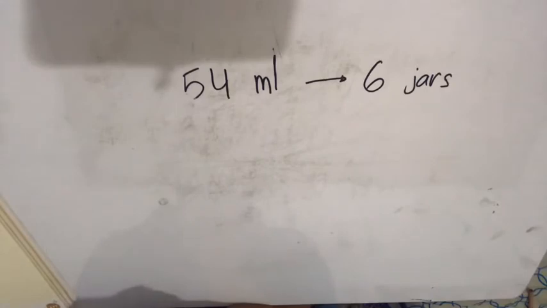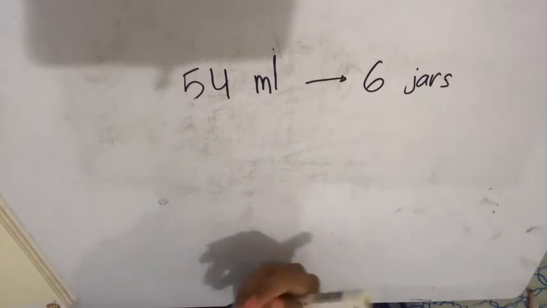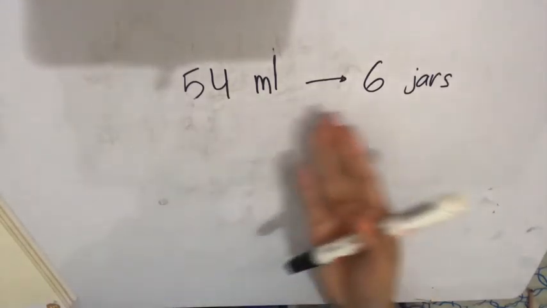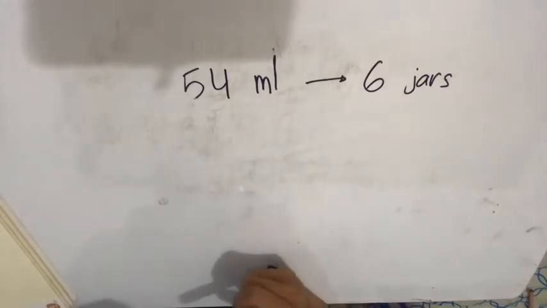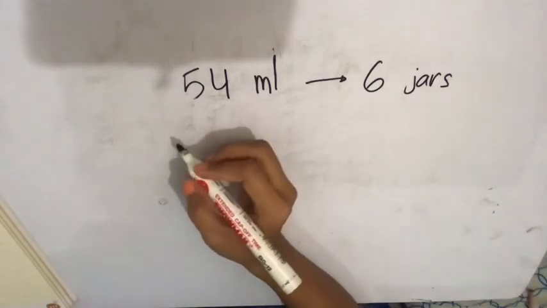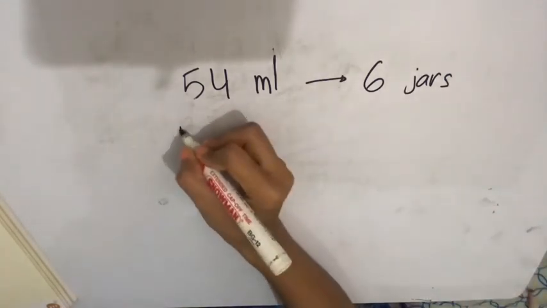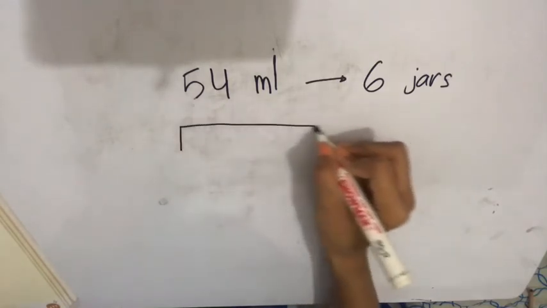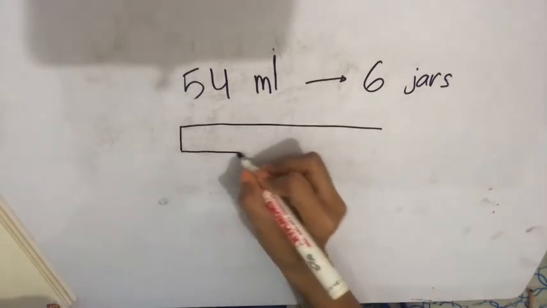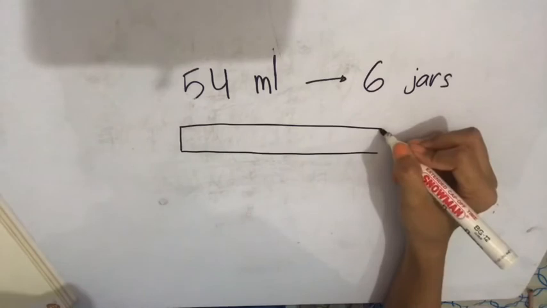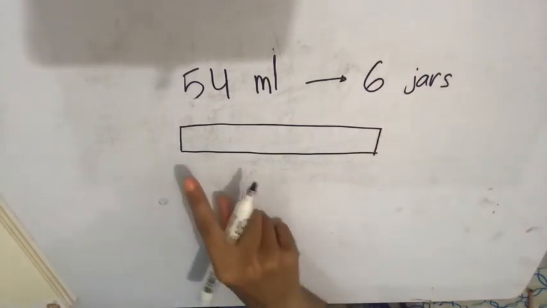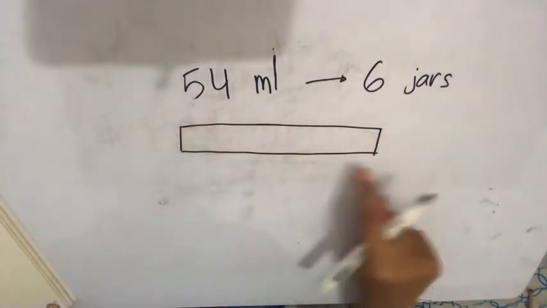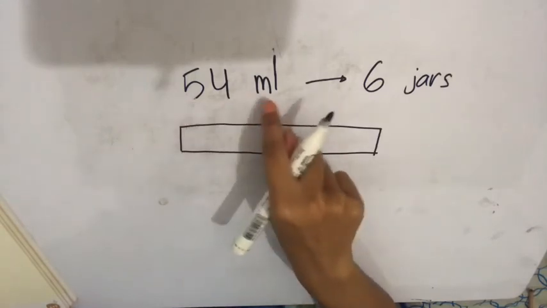In doing division, sometimes you can just divide the numbers when you have read the word problem, or if you want to make sure, you can also do it with a bar. You can use a ruler, or if you don't have a ruler, you can just draw the line. Imagine that this is all of the capacity, 54 milliliters.